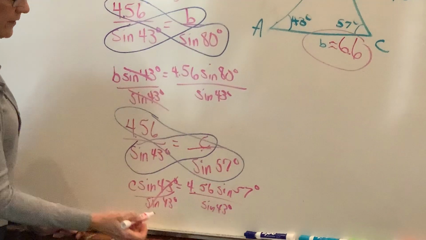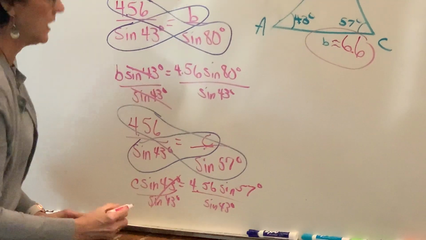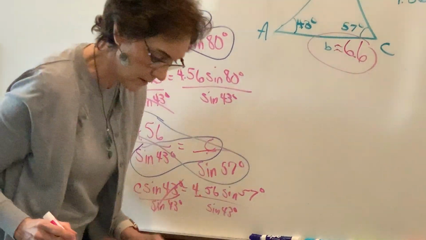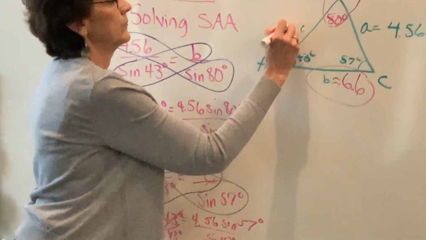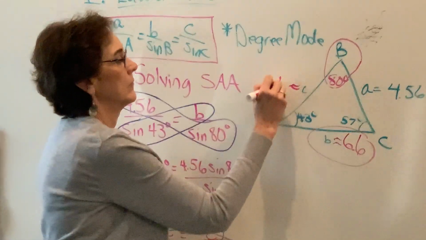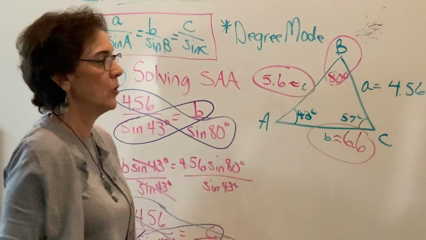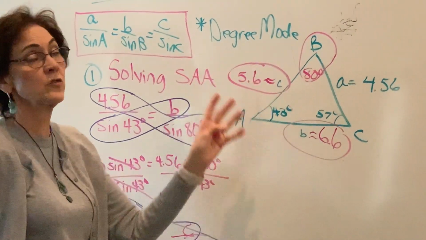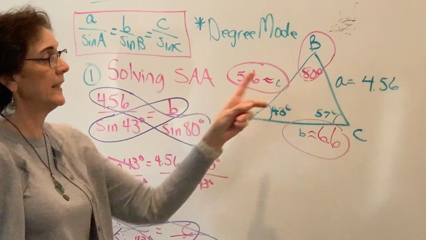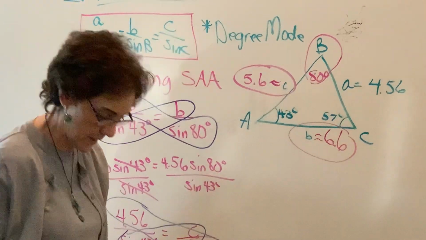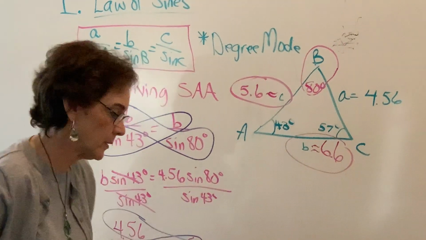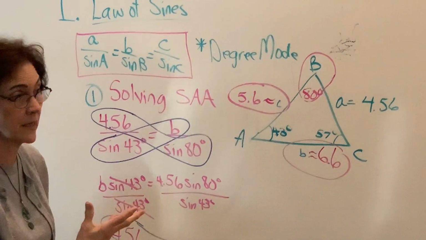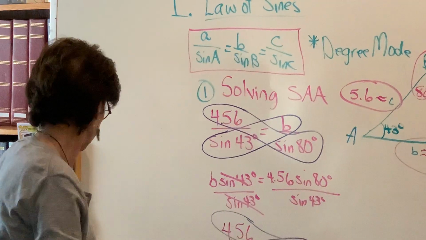So all you're going to have to do is put this in your calculator, and you should get 5.6. So you have solved the oblique triangle by finding the measurements that were missing, the one angle and the 2 sides. Okay? Now, if you print the paper, I actually have another example like this one.